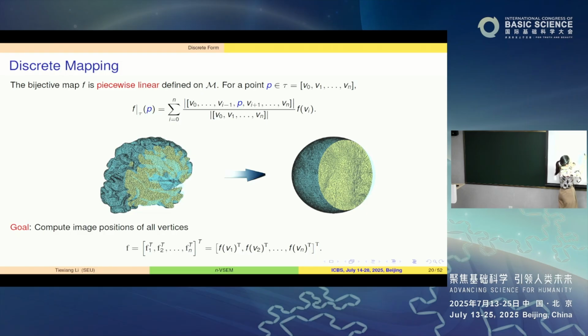For a point P in tau, we define F(P) as the summation of this expression, and the coefficient is the ratio of the mass. With this form, our goal is to compute the image positions of all vertices, so we should solve all the coordinates of F.